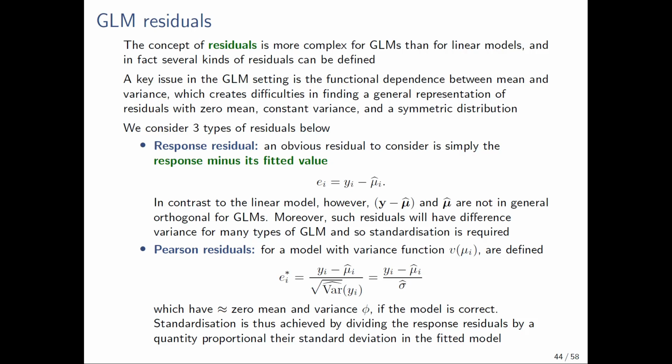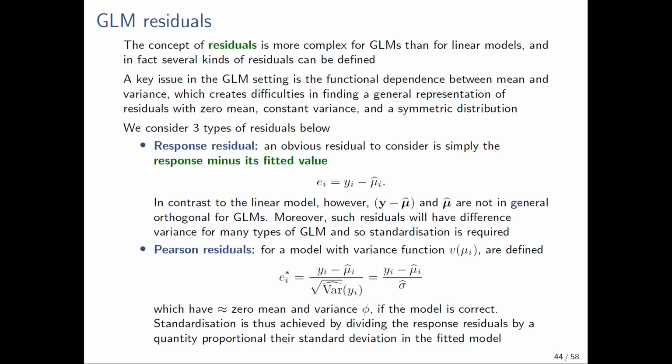And indeed, the concept of residuals is much more complex. The key issue in the GLM setting is the functional dependence between the mean and the variance. And this creates difficulties in finding a general representation of residuals that have zero mean, constant variance, and a symmetric distribution. So we're going to talk about three types of residuals that are important in the GLM setting.